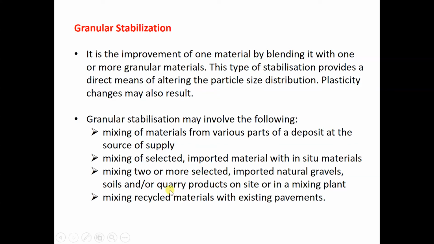Thirdly, mixing two or more selected imported natural gravels. For certain construction, they could use natural gravels. Of course, we prefer crushed aggregate products, for example limestone, basalt or granite.